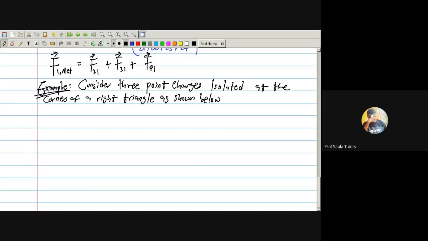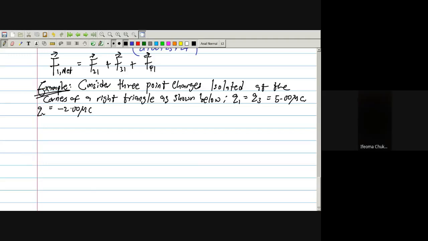As shown below. So we are given this information that Q1 is equal to Q3, and both of them are equal to 5.00 microcoulomb. Q2 is equal to minus 2.00 microcoulomb.